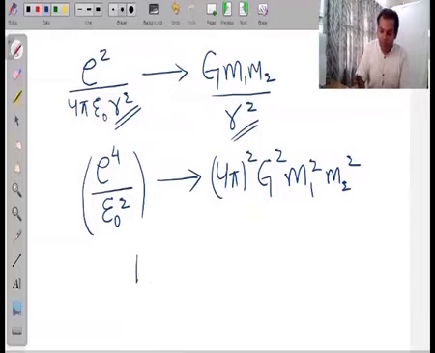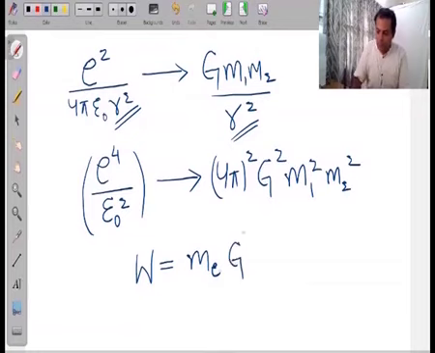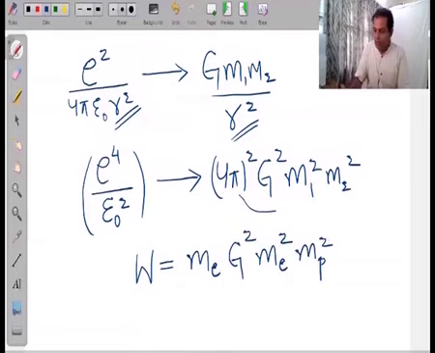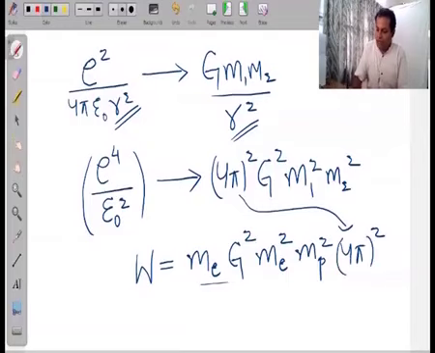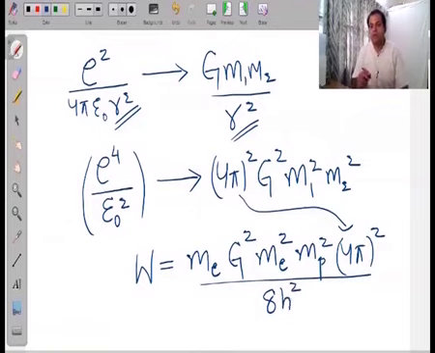So W becomes the mass of the electron times G square times mass of the electron square, mass of the proton square, and then you have this 4 pi the whole square divided by 8h square.